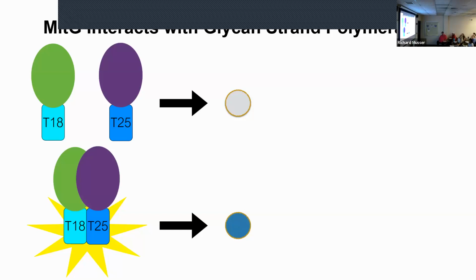Beta-galactosidase then cleaves an indicator in the growth medium, which produces a dye which stains the E. coli colony blue. So white is no interaction, blue is interaction. I fused MltG and PBP1B each to a half of adenylate cyclase and looked to see whether the colony was white or blue.